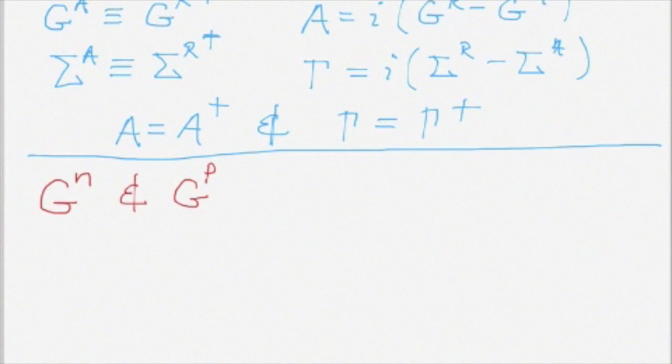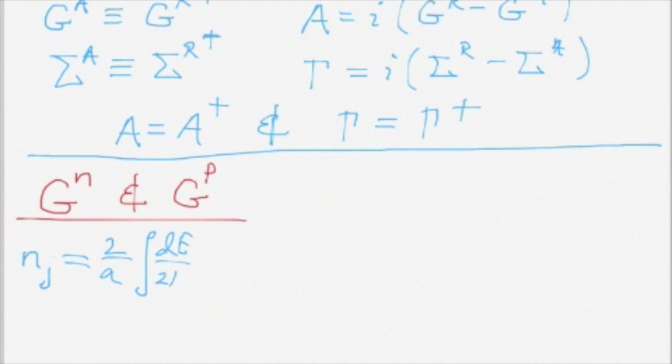So let's look at our expression for the electron density again. So we've got that our electron density at site J is equal to 2 over a, integral over energy, and I'm just rearranging the order of which we wrote stuff before.